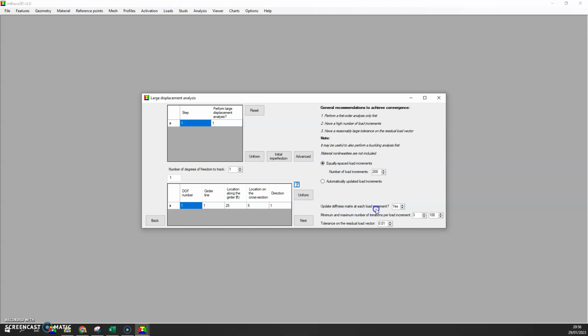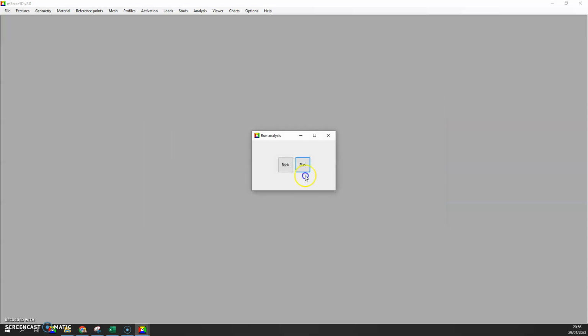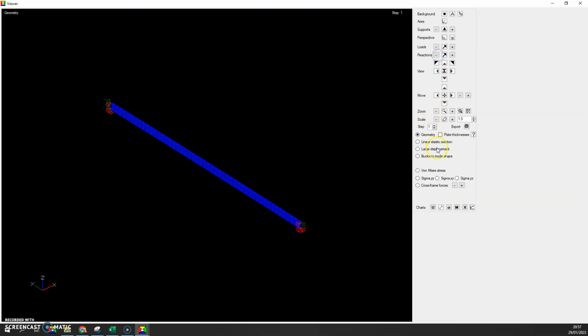We are updating the stiffness matrix at each load increment, so that's a modified Newton-Raphson type of algorithm. We are enforcing a minimum of 3 iterations per load increment and also limiting the number of iterations to 100 at each load increment. We can run the analysis, but it takes a few minutes. So instead, let's just look at the results.